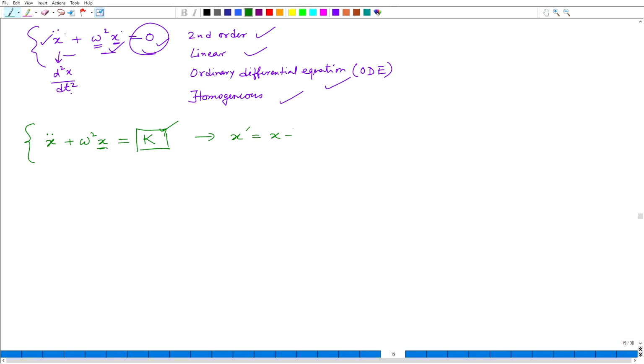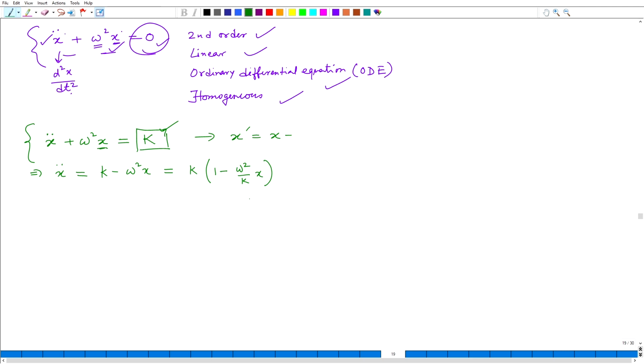So, I write x double dot is equal to k minus omega square x, and here you simply write this as k times 1 minus omega square by k x.